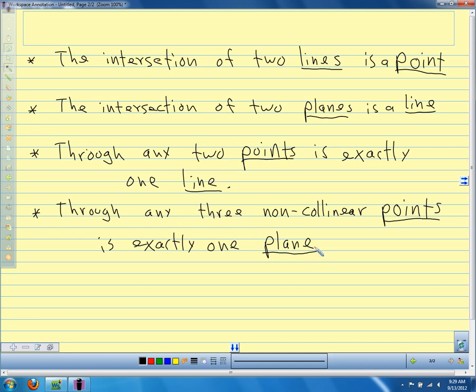What happens if the 3 points are collinear? Did we talk about that the other day? If we think of this piece of paper, and I'm going to draw a line on my piece of paper. So the plane of the paper goes through that line. I'm going to rotate the paper on that line.